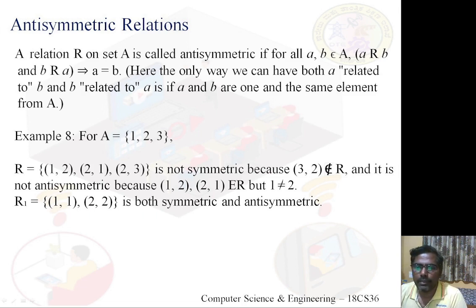Now let us have a look at example 8. Here A equals {1, 2, 3}, a set of 3 elements. I have given two relations, one is R and the other one is R1.